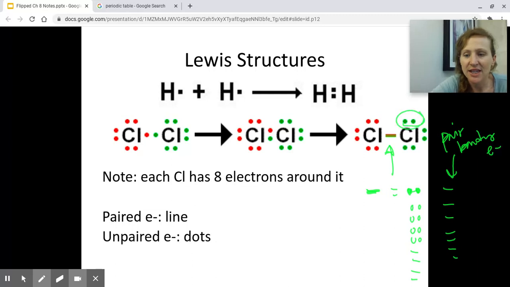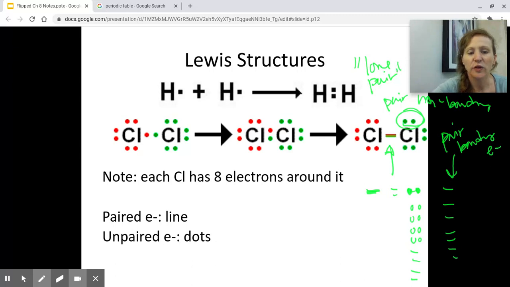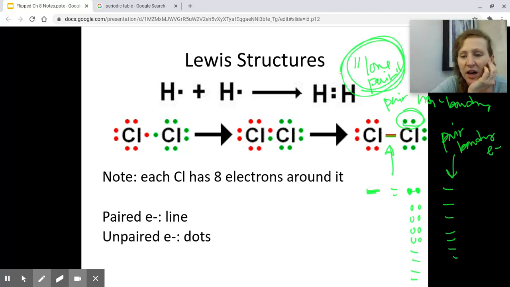If you see dots, that is a pair of non-bonding electrons. And the pair of non-bonding electrons we're going to call a lone pair. So if you hear this term lone pair, it's talking about electrons that are valence electrons, but they're not involved in the actual bond.